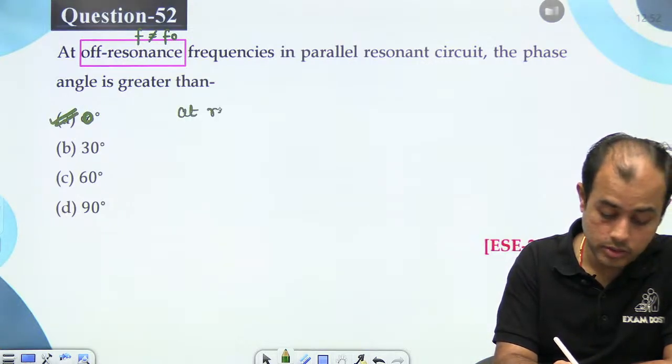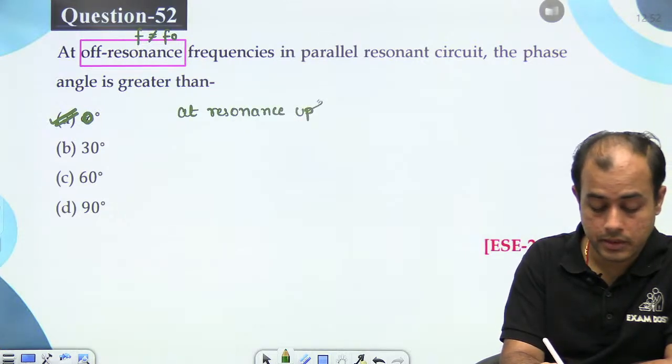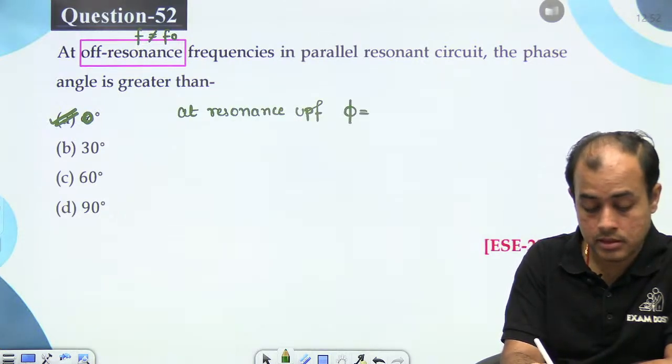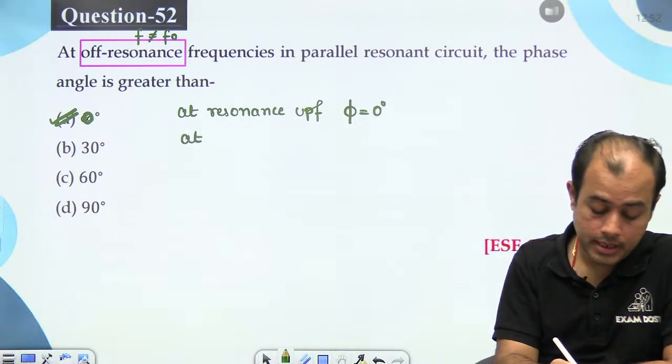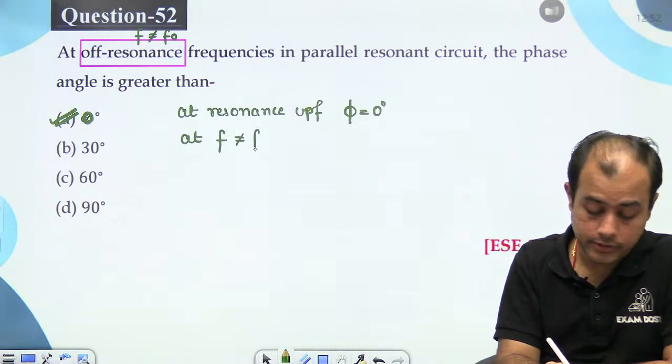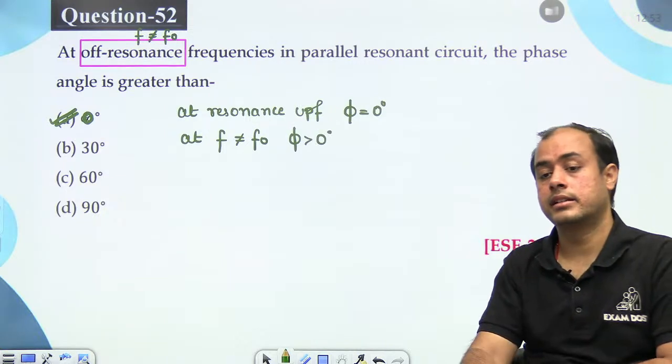So at resonance, unity power factor. At F not equal to F0, phi is greater than 0 degree.